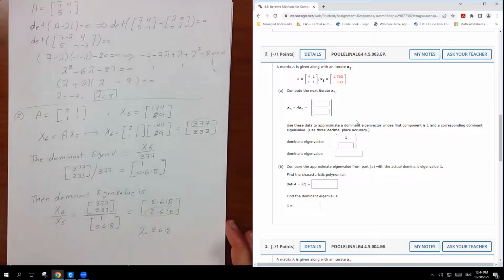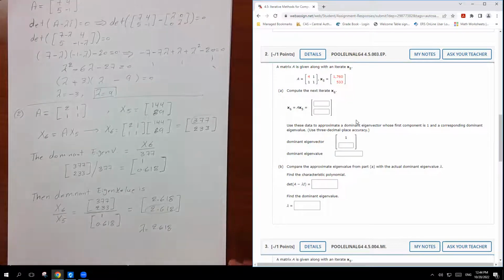If you check the second part by finding the exact eigenvalue, you're going to reach the equations to find the exact solution for lambda, and you can't factor it just by using a quadratic formula. That's why your solution is going to be 2.6.